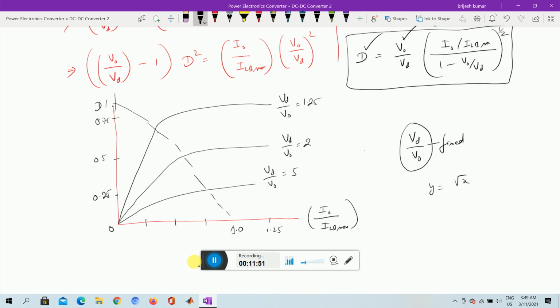Now this is a curve, this is the step down converter, the characteristics keeping V0 as constant. So when you keep V0 constant and your Vd is very close to V0, the duty cycle is nearly 0.75, and gradually if the differences increase, the duty cycle has to decrease. In this way you can get this curve.